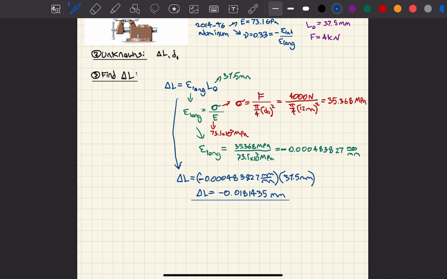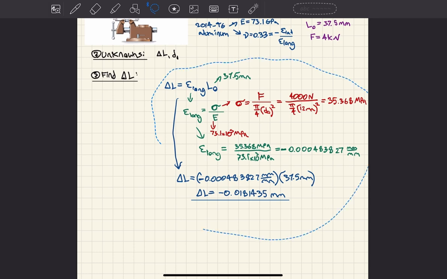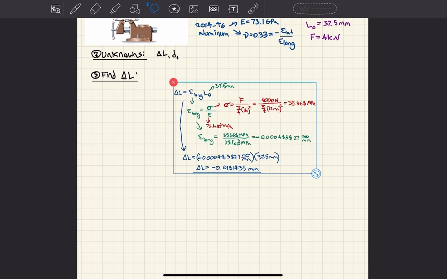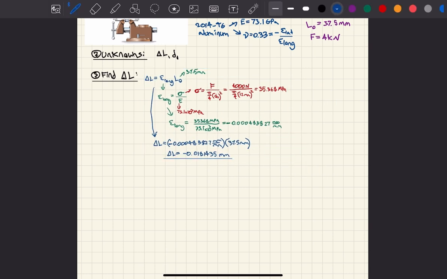Okay, step 2. We want to find the new diameter, right? And with this, we're going to use Poisson's ratio. Because, as you know, Poisson's ratio compares the lateral strain and the longitudinal strain. We have the longitudinal strain. We have Poisson's ratio. We don't know the lateral strain. But what is the lateral strain equal to?